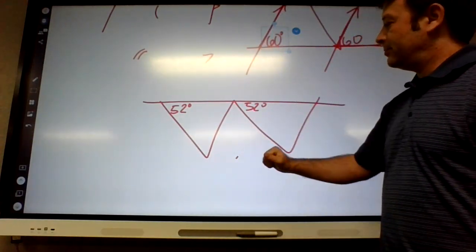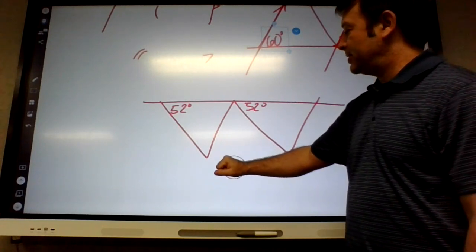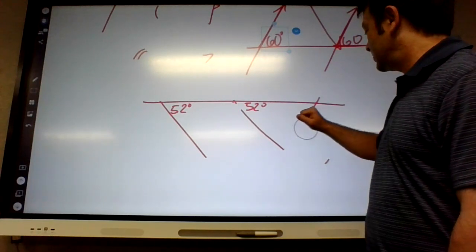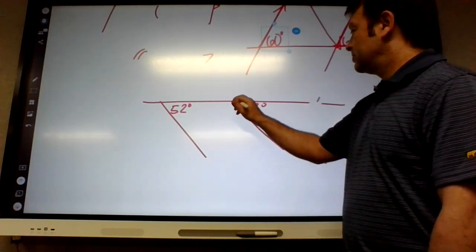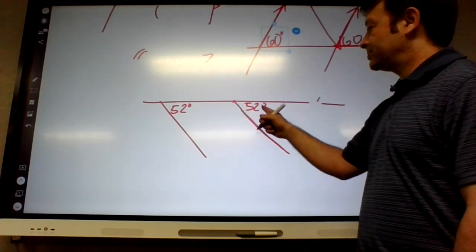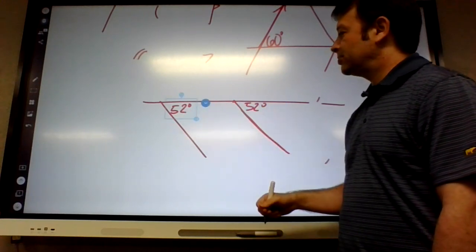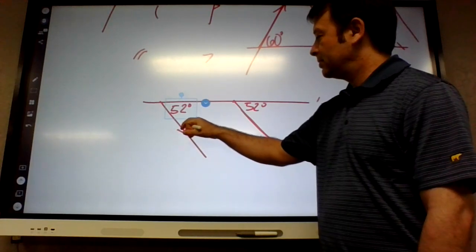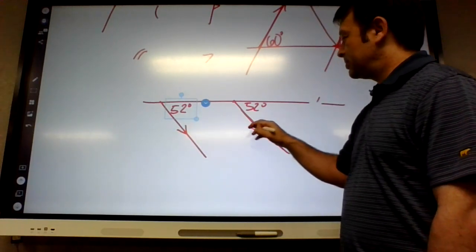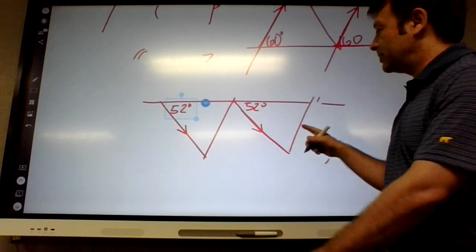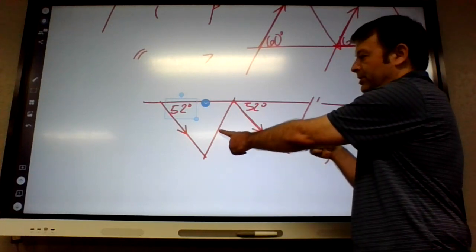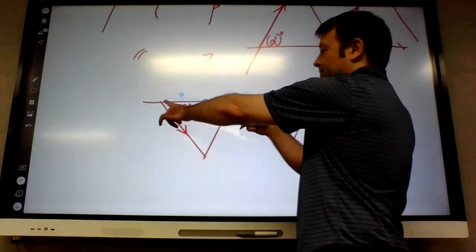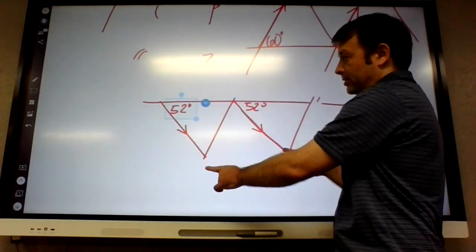If I eliminate all the lines that do not make those angles, I can get rid of that and that. What kind of angles are these? Corresponding. So which lines must be parallel? That'd be these two. These two lines over here look parallel, but we don't know that they are. But if these two angles are the same, we know these two lines are parallel.